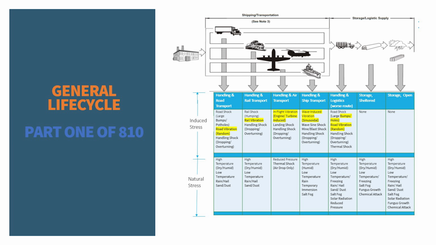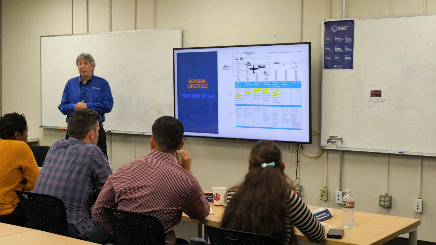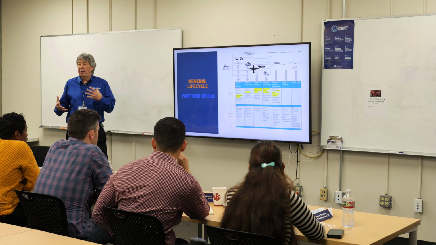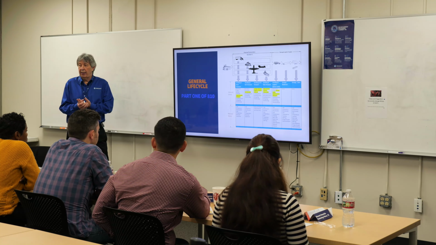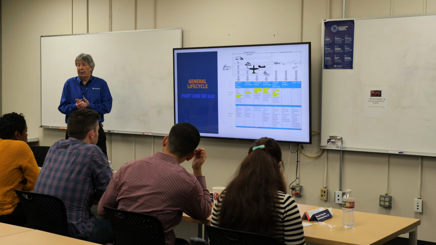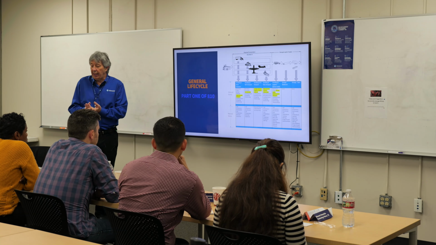If you're not sure, you need to define that. If you're really not sure, you can go through all of these, figure out what your curves are, and do the worst case. Worst case is allowed. So you can combine them all together, but you definitely need to know your life cycle. And this is only to get you into the field.